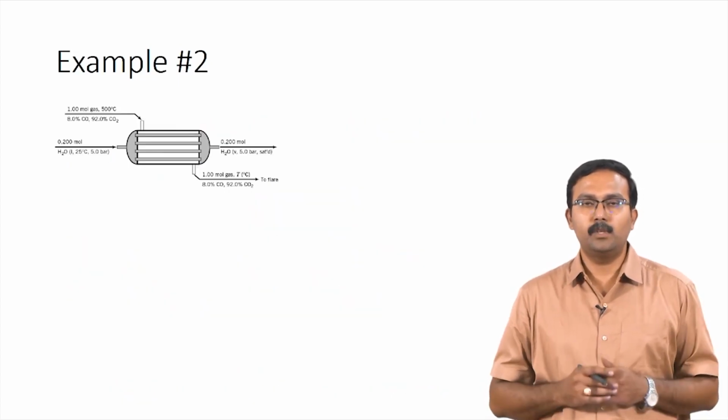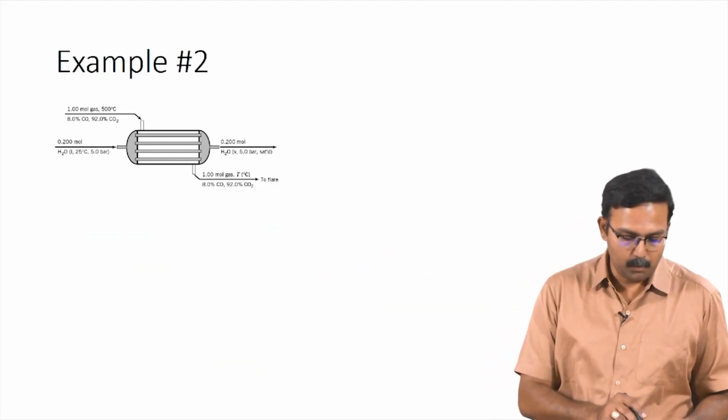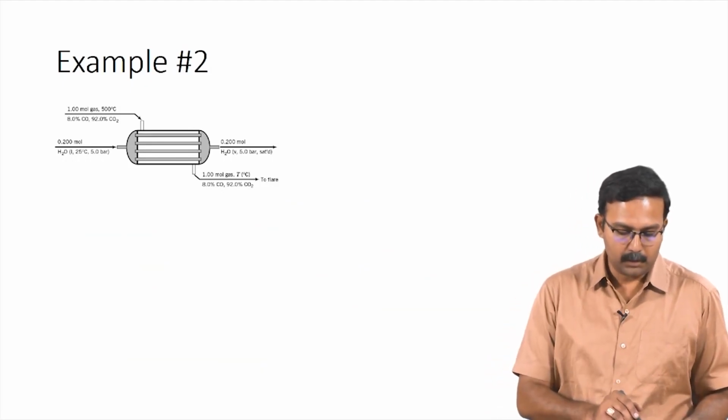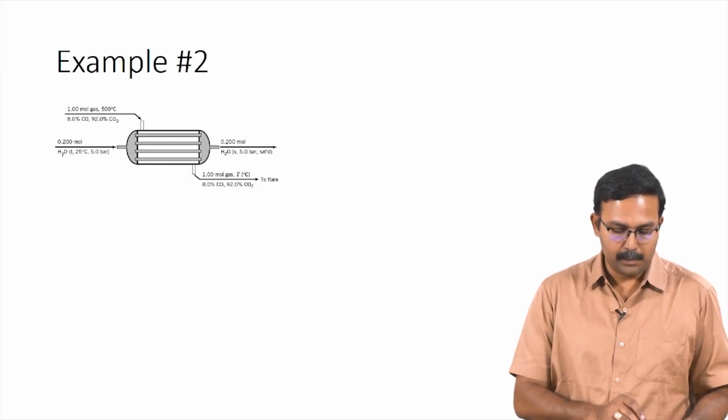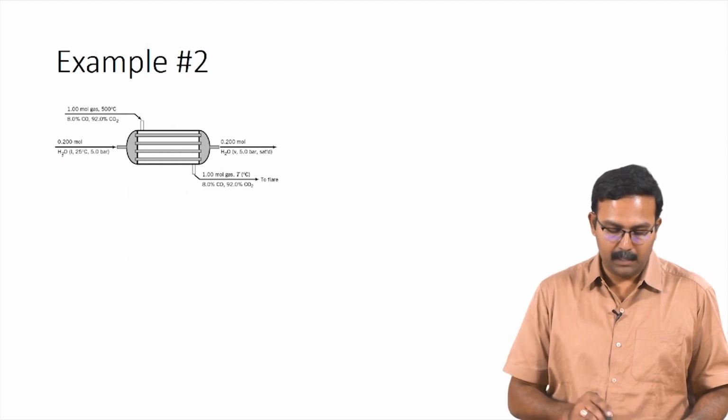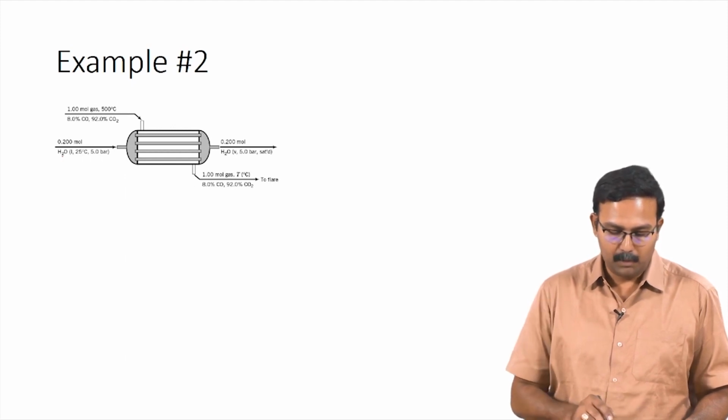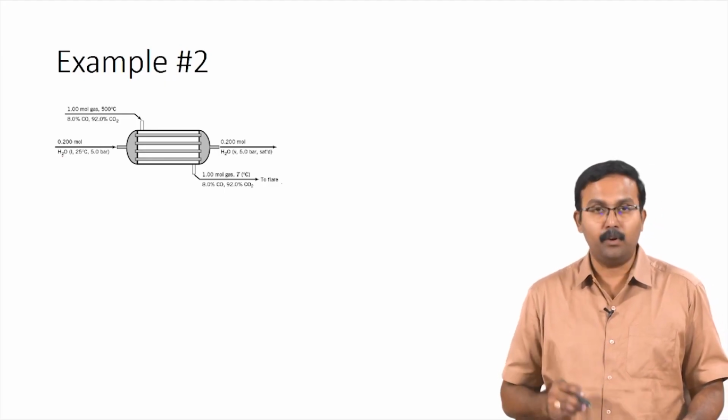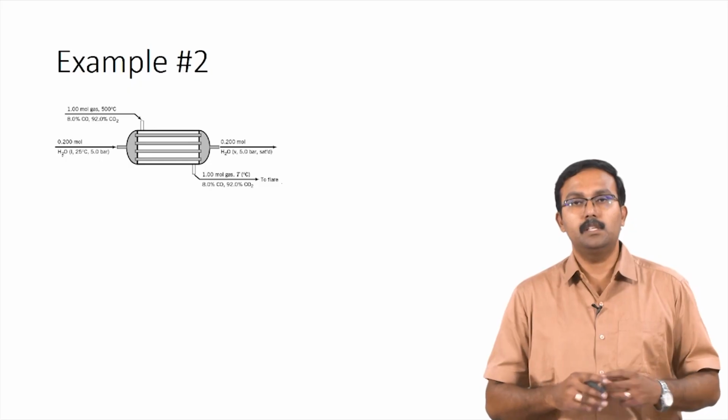So, this is the flow chart which we have. So, you have 1 mole of carbon monoxide carbon dioxide mixed gas entering, 0.2 moles of water liquid entering. So, which means 0.2 moles of water vapor would be leaving, and you have 1 mole of carbon dioxide carbon monoxide mixture leaving to be flared. So, this is the system.